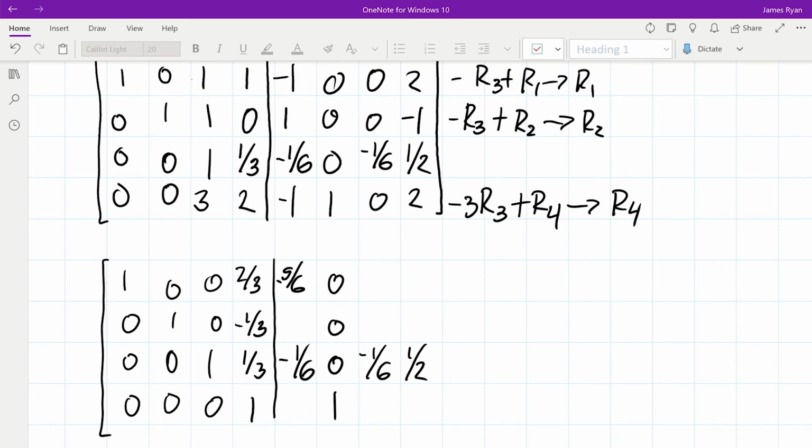Negative 1/6 times negative 1 plus 1 is 7 over 6. Negative 1/6 times negative 3 plus negative 1, so that would be 1/2 plus negative 1, or negative 1 over 2.